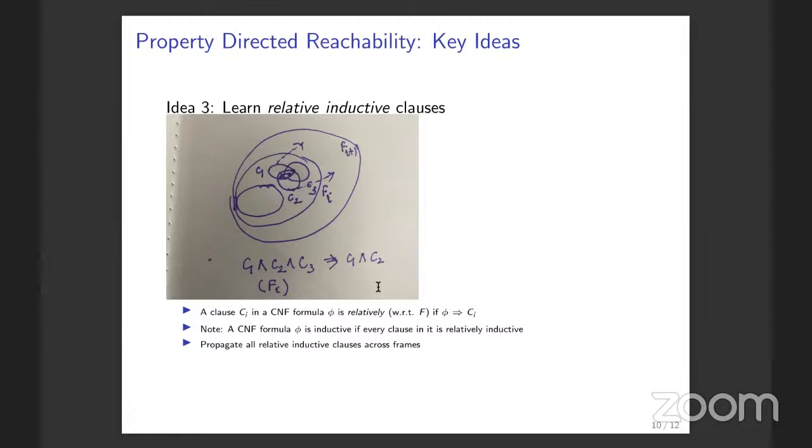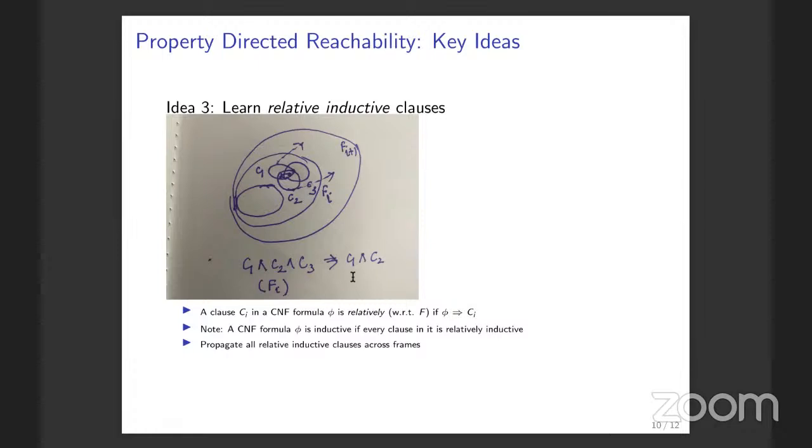Sorry, when I say this implies, there is something big missing here. C1, C2, and C3 and the transition: you take one step of transition, and after that C1 holds. It is not just implication. So phi here contains the original formula Fi and the one-step transition.